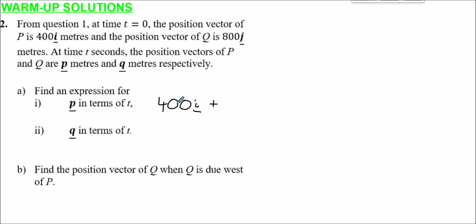So it's going to be 400i for starting, plus t lots of 15i plus 20j. This is the starting position vector. This is the speed, it moves this much every 1 second. So we take this and multiply it by how many seconds it's moving in this direction for, basically how much time it's moving in this direction.